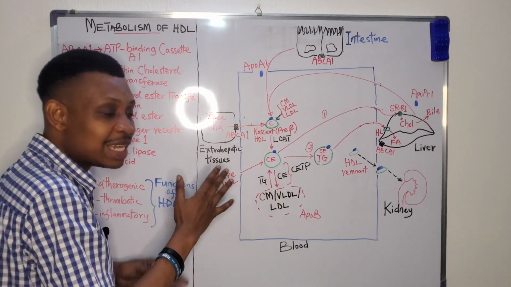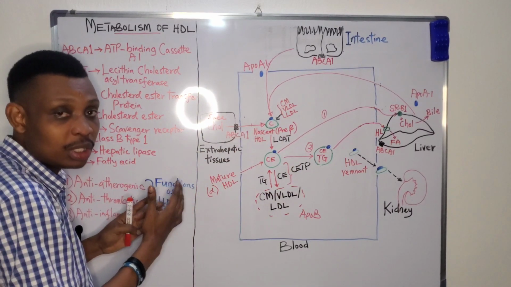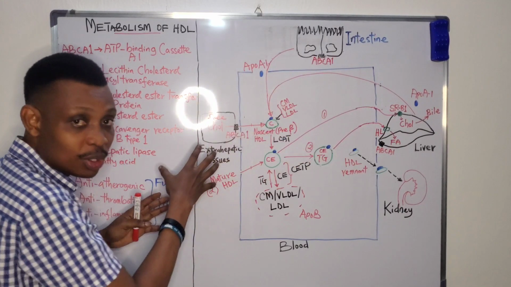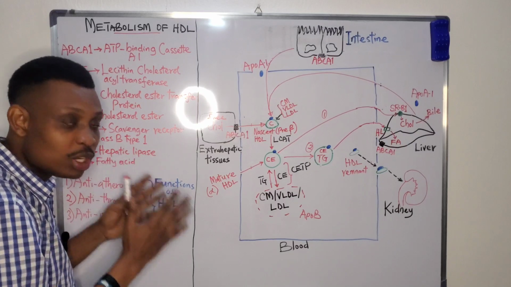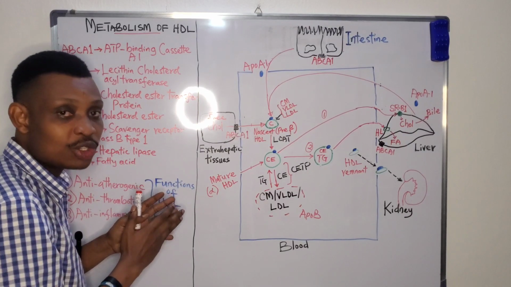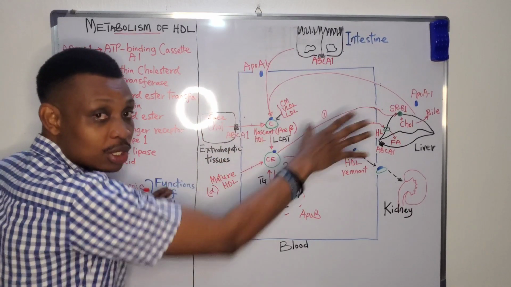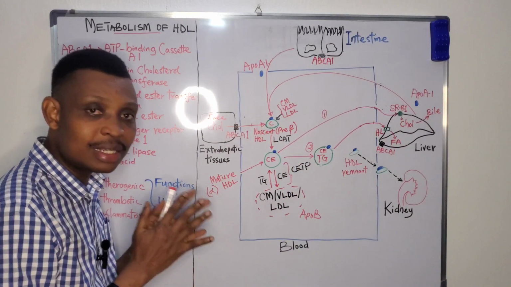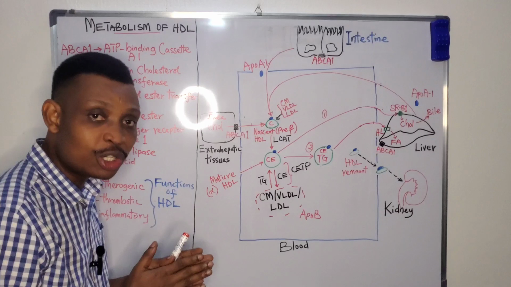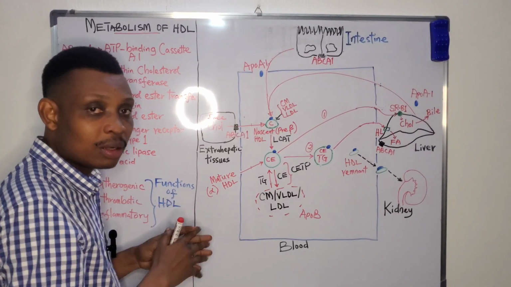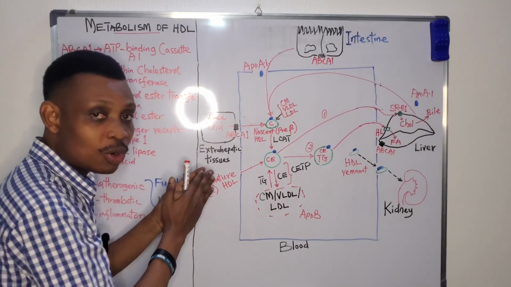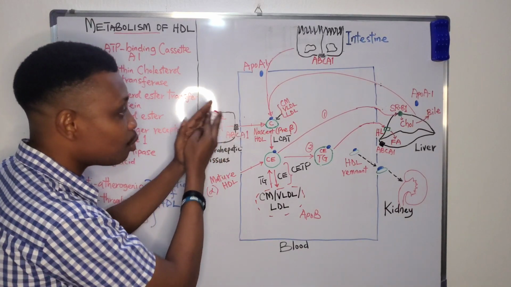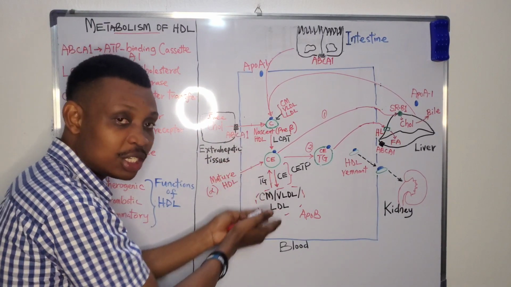And so there will be accumulation. They will stay back, they will be trapped in these various tissues, and that will result in the accumulation of free cholesterol and phospholipids in the various tissues. Also, there will be a decreased concentration of high density lipoprotein, because these free cholesterol and phospholipids are what bind to ApoA1 to form the HDL particle.